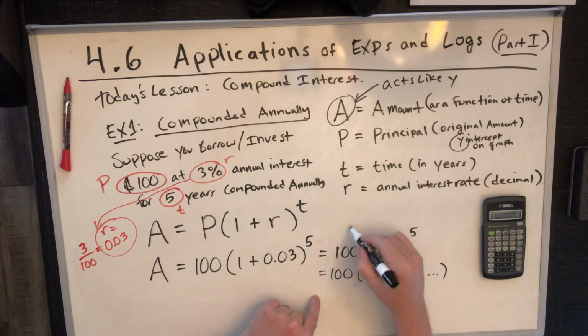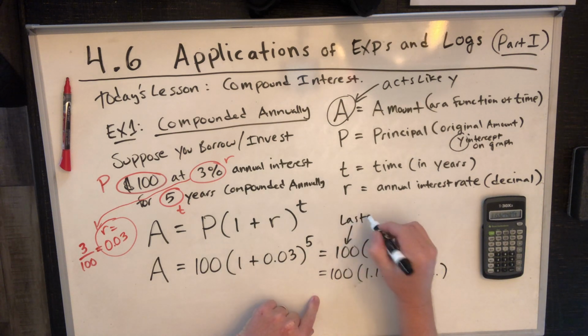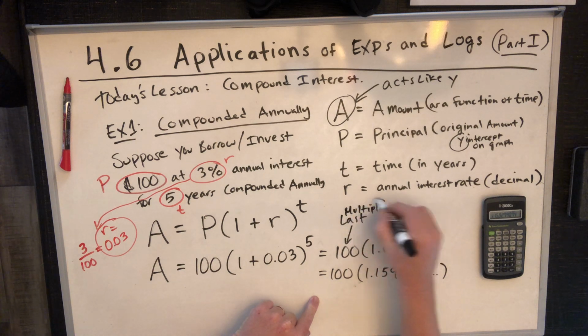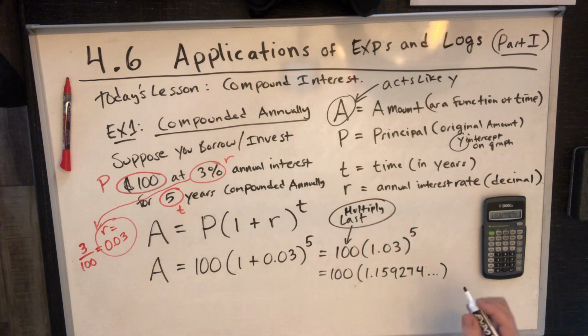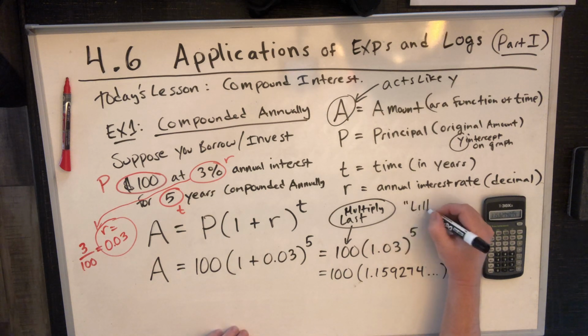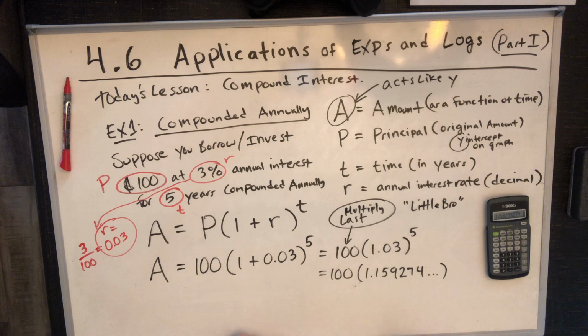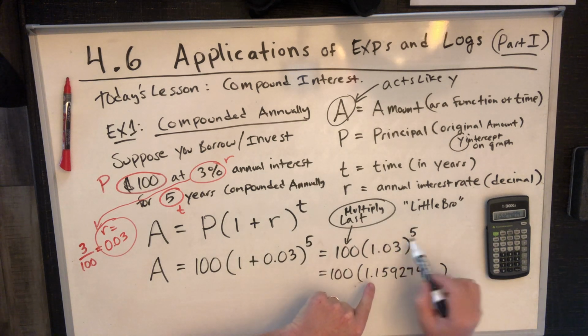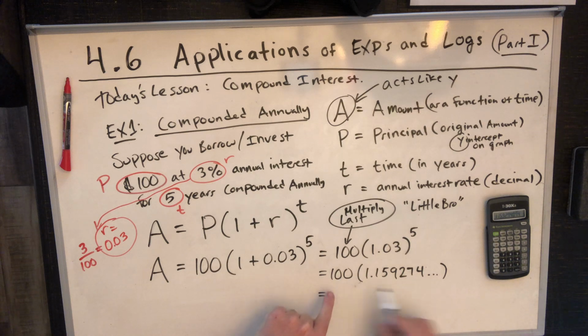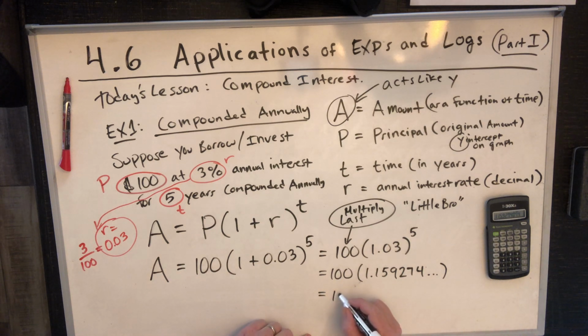Make sure that you multiply this last. Remember, little brother always goes last. So after I have calculated my exponent, then I'm going to multiply by 100, and then we are going to round to the nearest cent.